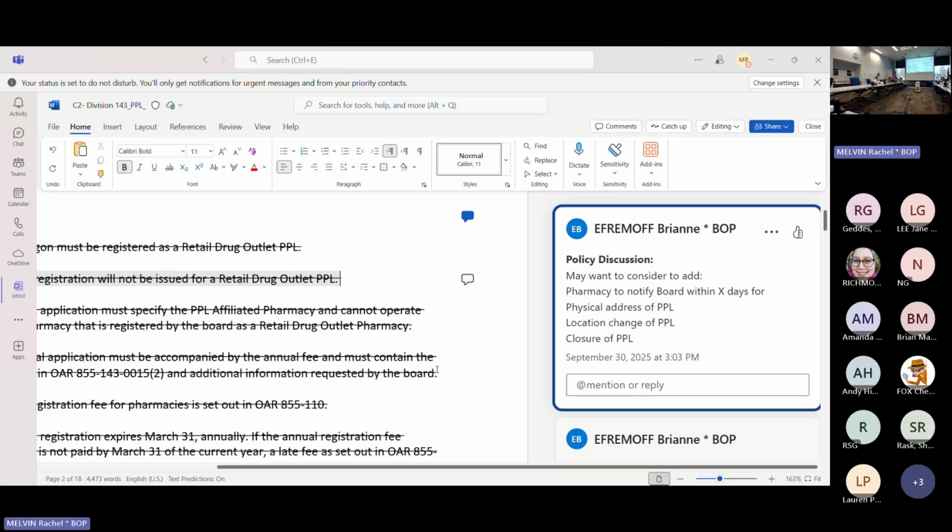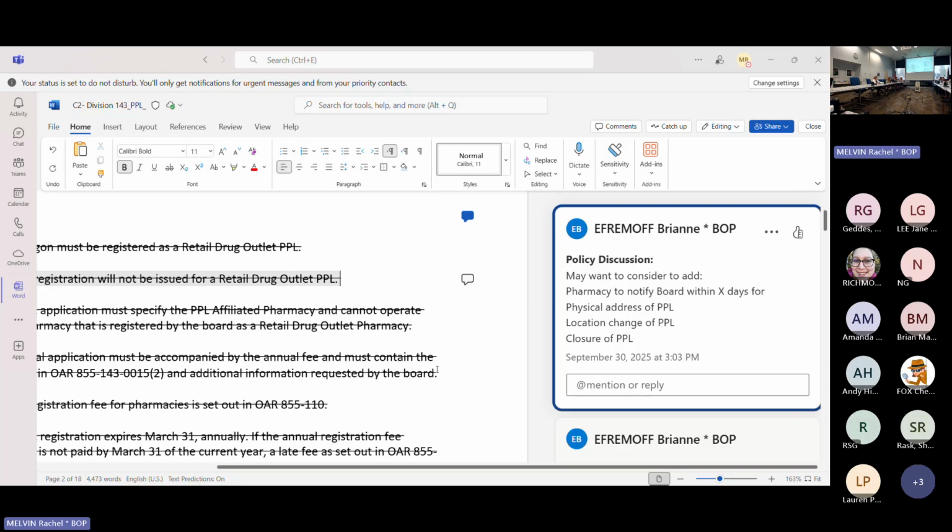We want to know where the drugs are being stored. And again, I don't think it needs to be like, within 3 days you must submit this and this and this. I don't think it's onerous to put down where your locker is located.